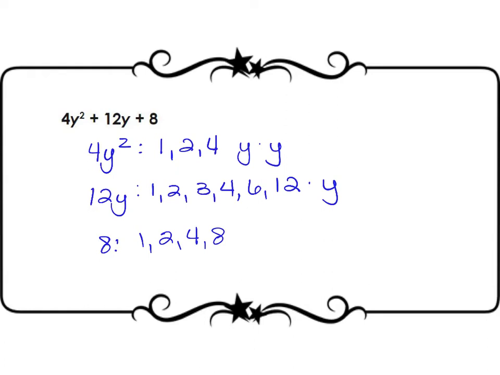From here also we are going to circle the common factors, and I'm going to go straight toward the largest. It looks like 4 would be the largest value, and we cannot include a y because there are no y values attached to that 8. So then our greatest common factor would just be 4.